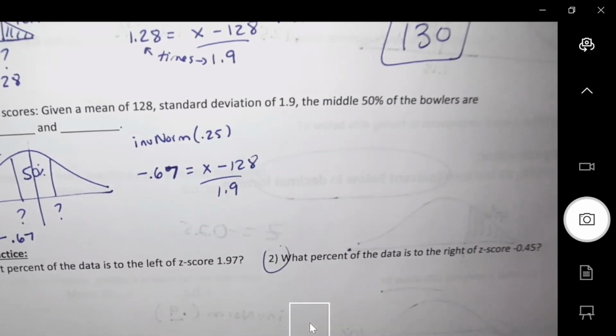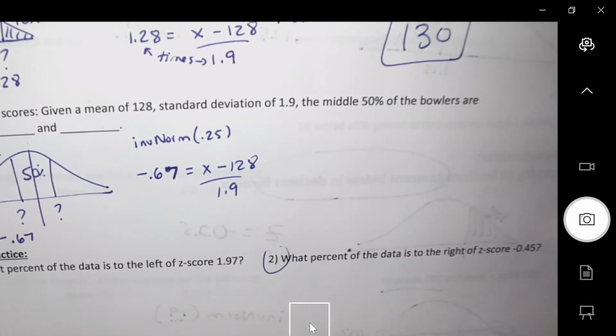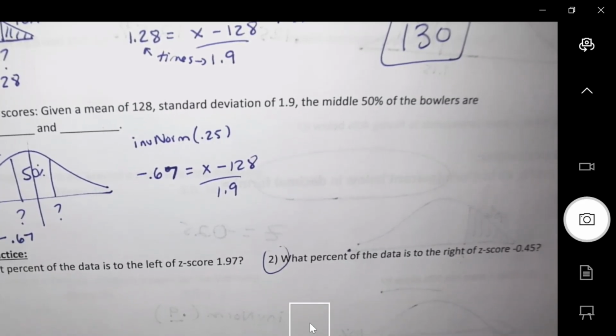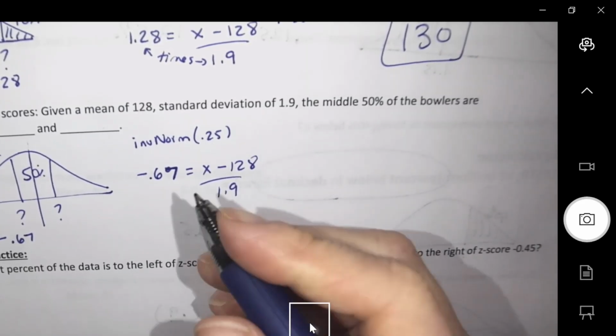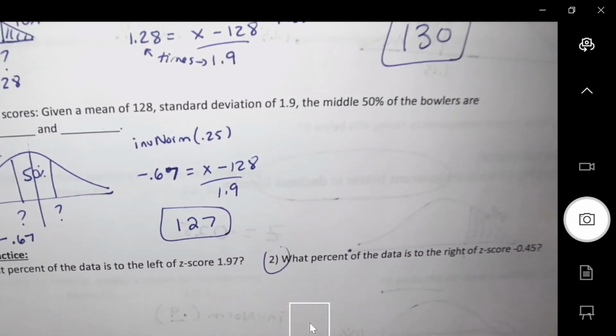Times, add 128. I'm getting a bowling score of 127 if I round it.